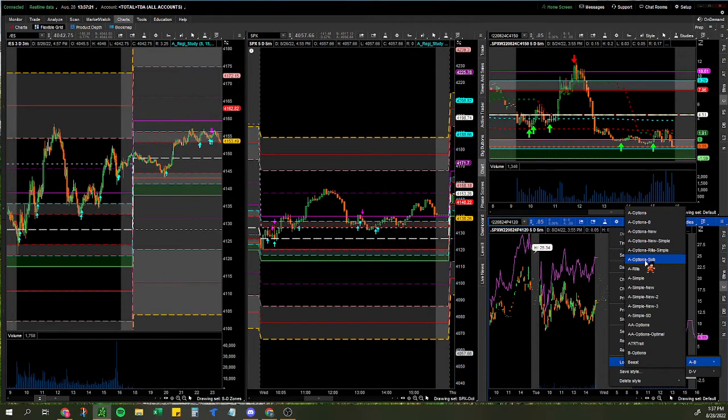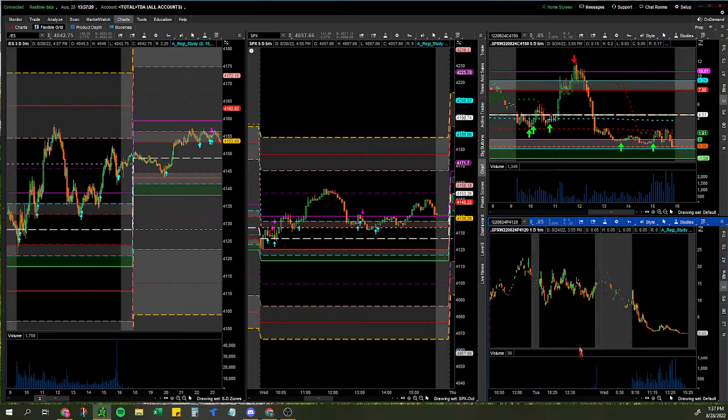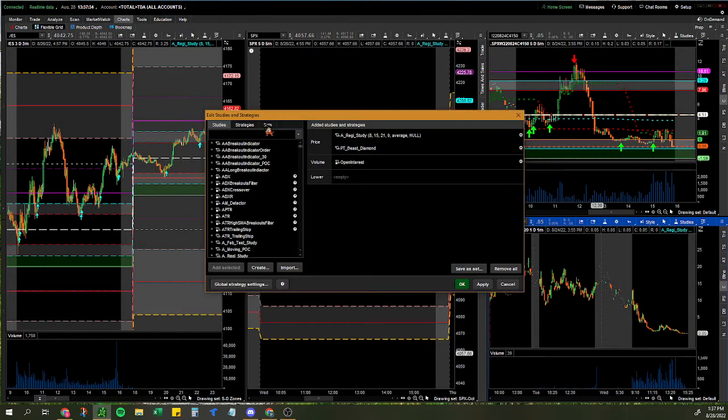Get this on there. So once I load the style, it'll load up all the tools I normally have that are up here. Except I gotta load Beast. There we go.